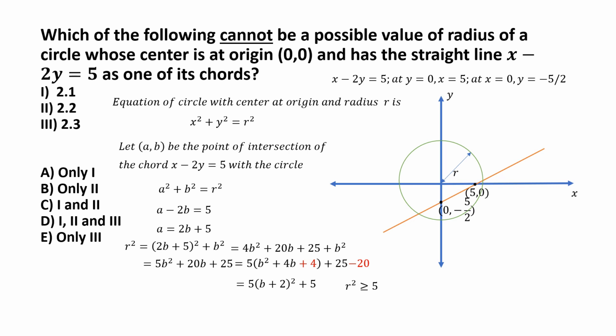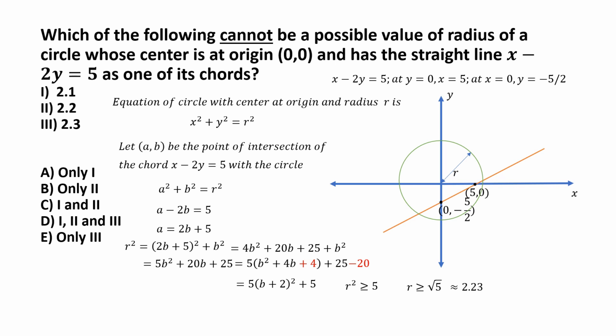And if r square is greater than or equal to 5, we know that r being the radius is a positive quantity, so r has to be greater than or equal to root 5. And root 5, its decimal approximation is 2.23. So we know that r has to be greater than or equal to 2.23.